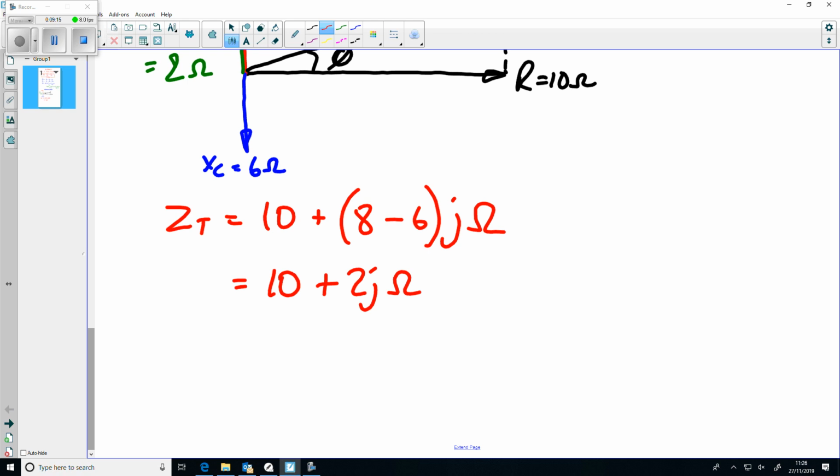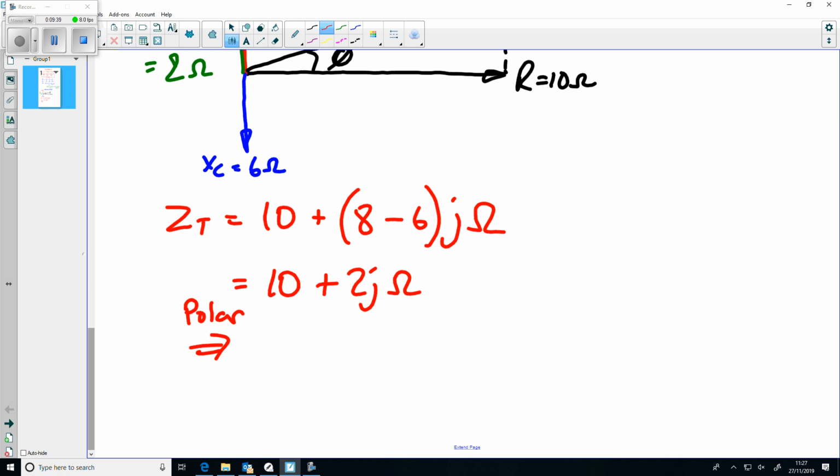Now, if we're going to calculate the current, what would it be handy to do with that? Convert it to polar. We'll have our angles in degrees, please.